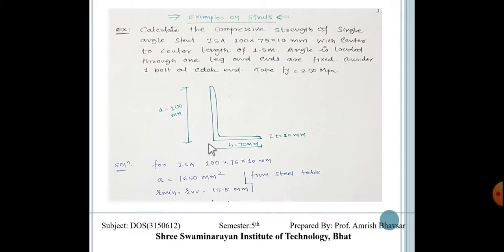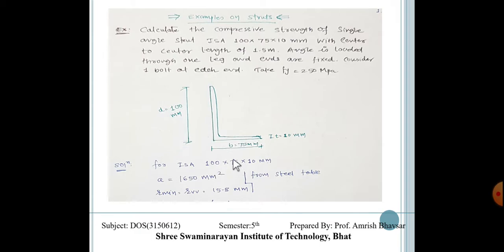So here we have an angle as a strut, 100 by 75 by 10 mm. For that we have to take the values of area and r minimum from the steel table. The area for this section is 1650 mm square, and r minimum, that is rvv, is 15.8 mm, as given in the steel table.